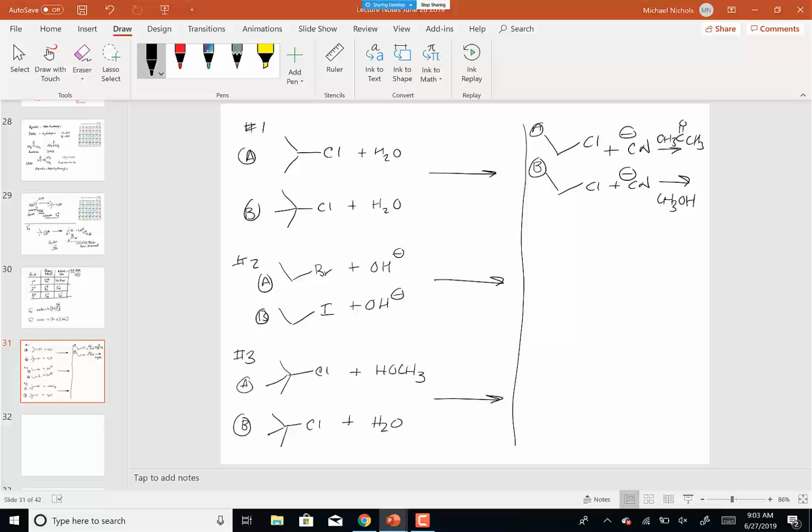The negative charge is on the C, so it's a CN minus. The CN minus would be a C triple bond N with the minus charge.